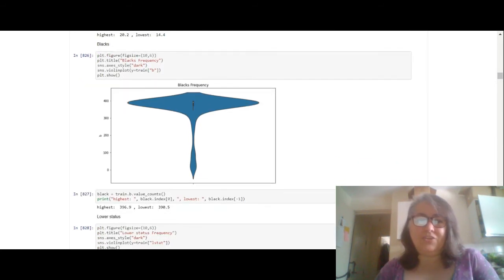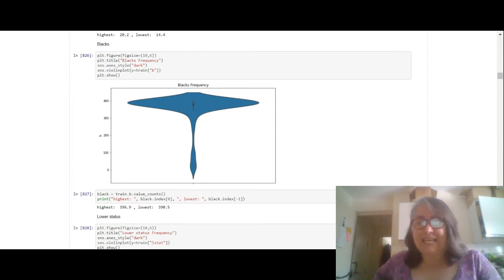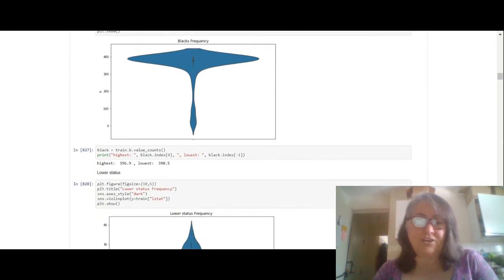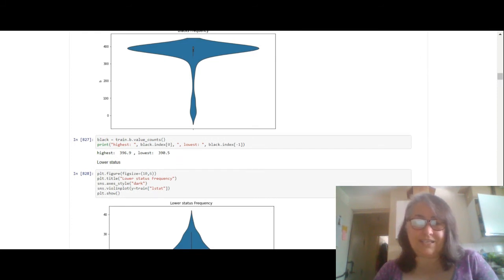But you notice that on the column, they just put B there because they didn't want to make an issue of it because they knew that it was a contentious issue. So you've got a violin plot. Around your highest value is going to be around 400, and it says right here your highest value is 396.9 and your lowest value is 390.5.